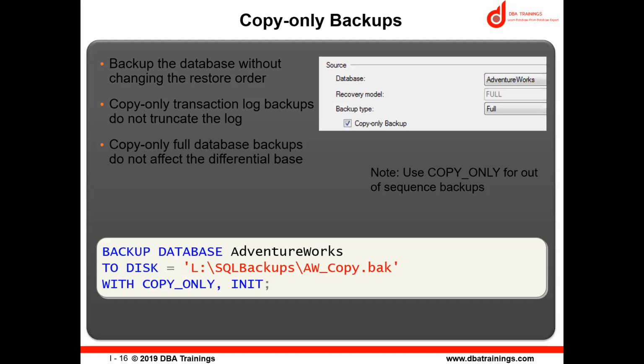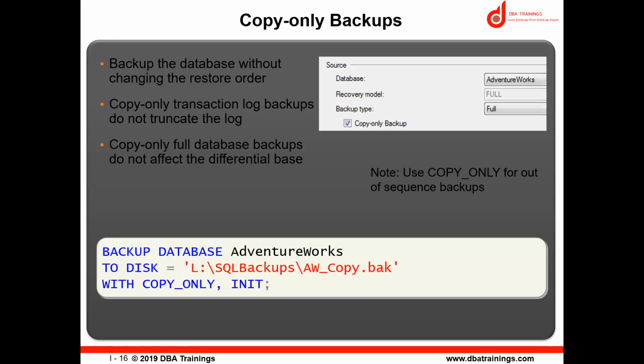Same way, copy only backup. What do we mean by the copy only backup? I am going to take the backup and I am putting WITH COPY_ONLY. Whenever you are doing the copy only backup, it just takes the image copy of that. So it will back up the database without changing the restore order. Got it?